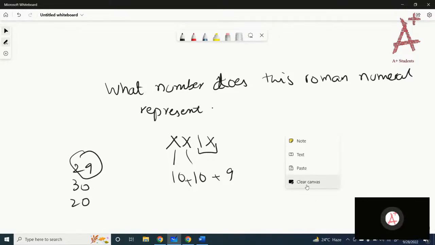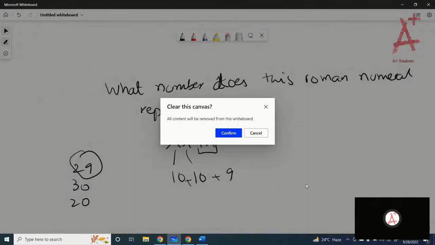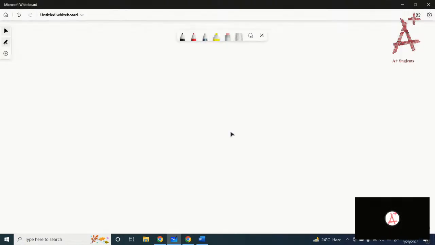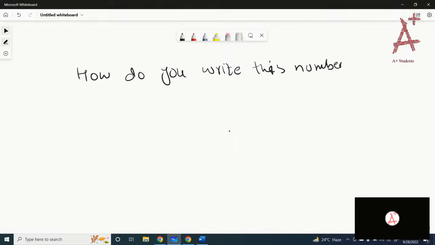Okay, the next one is, how do you write this number using words? You are given the digits, you have to write them in words. And the number is 3623.